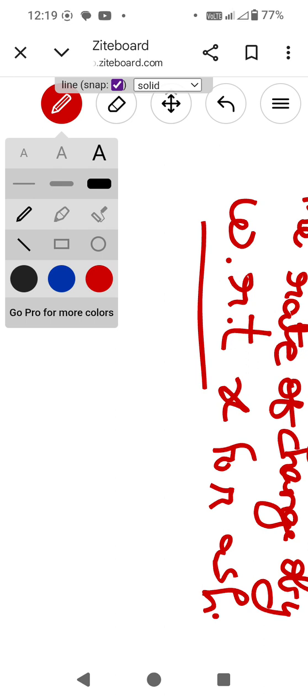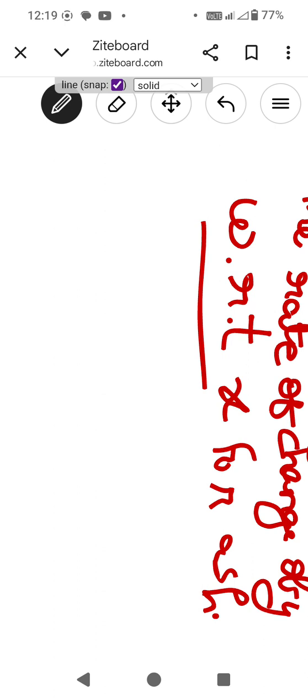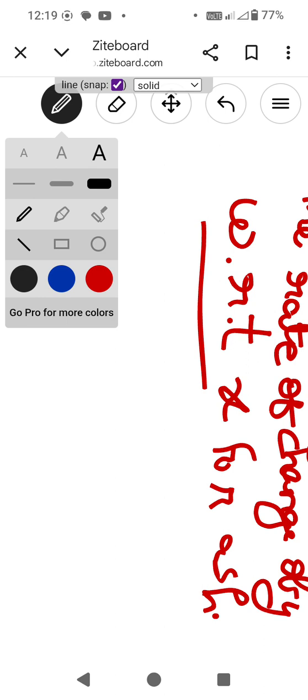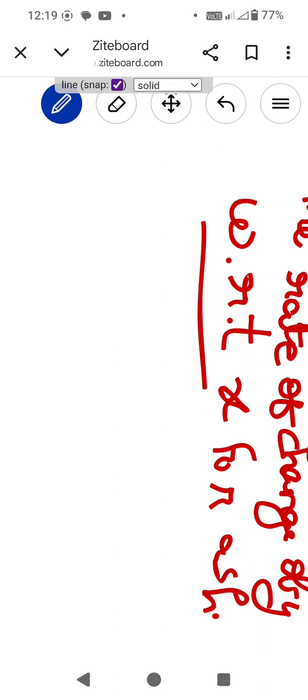Okay, now we will be determining some general differentiation.